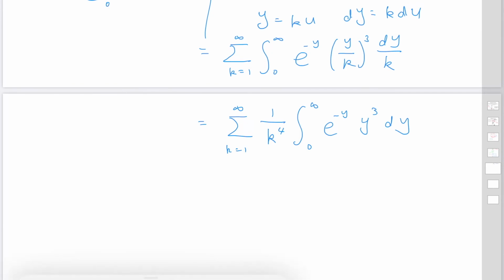If you remember the gamma function and the Riemann zeta function, this part is exactly equal to gamma 4. This part is the Riemann zeta function, Riemann zeta 4.